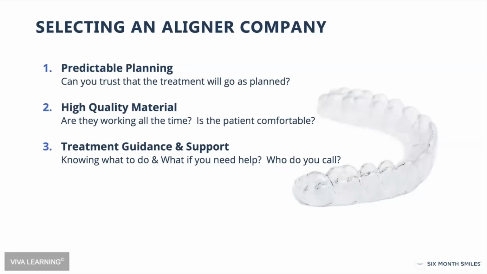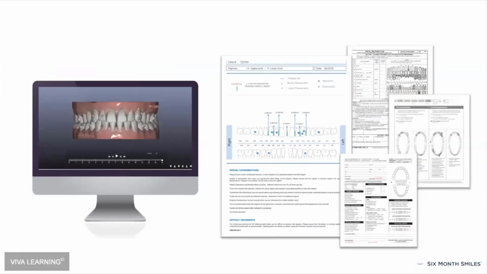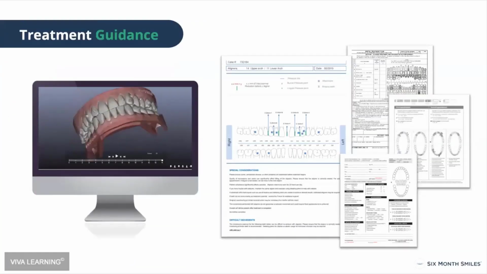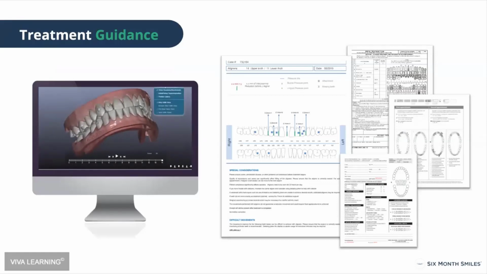After that, obviously, what you need from an aligner company is treatment guidance and support. So a company that not just prints the aligners and says, well, do IPR and so on, but a company that will give you guidance on every aspect and every element of the treatment, all the way through: when to place attachments, when to do IPR, when to remove the attachments, what's going to happen when you fit the first aligner.